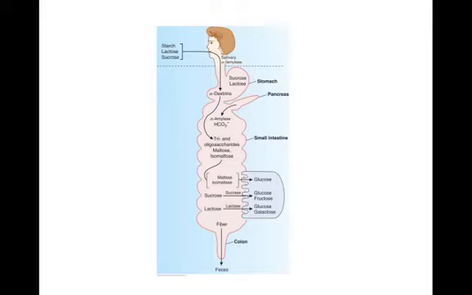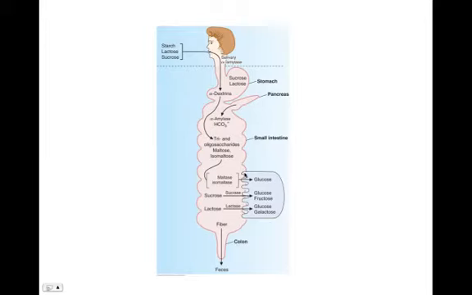Finally, the disaccharides are digested by a family of enzymes referred to as disaccharidases that are associated with the intestinal epithelium and will digest the disaccharides into the monosaccharide form.